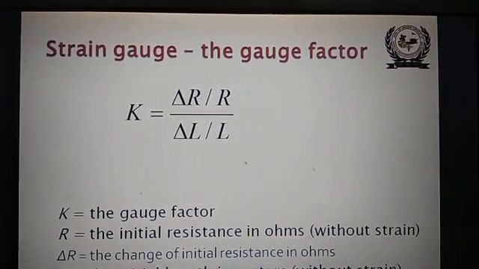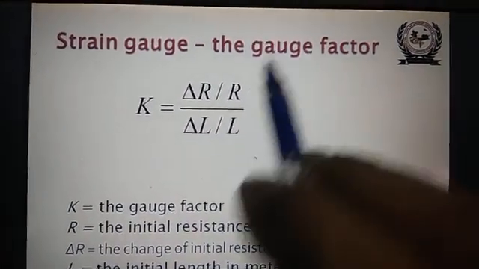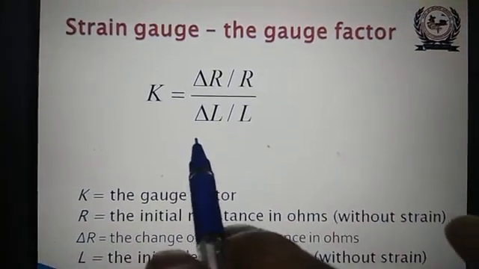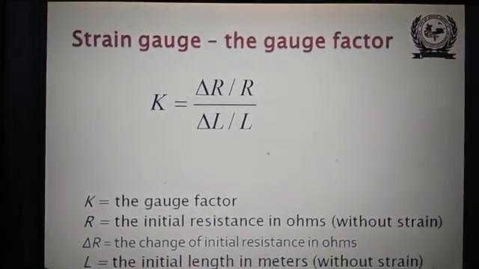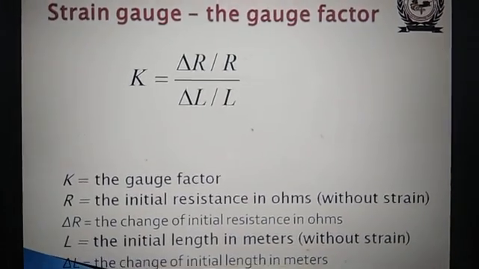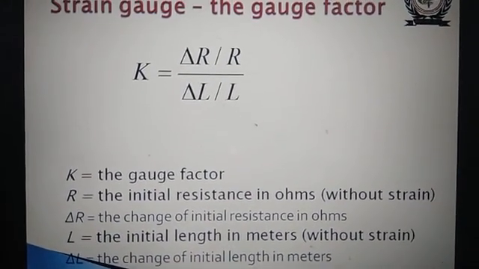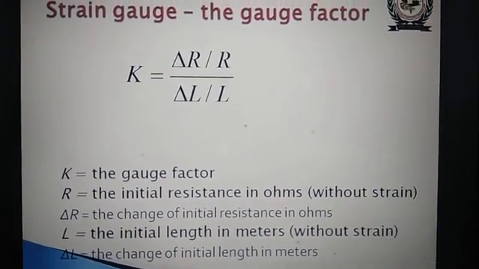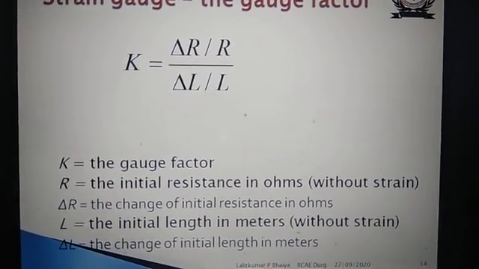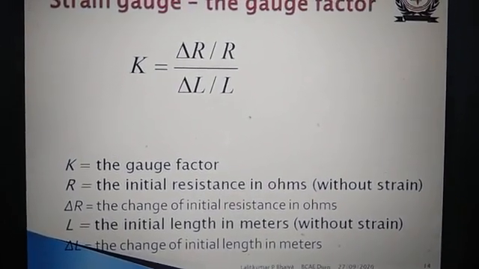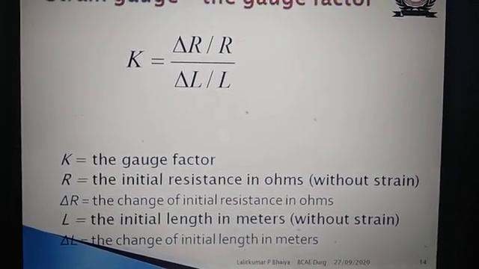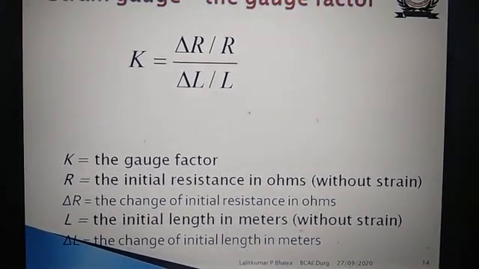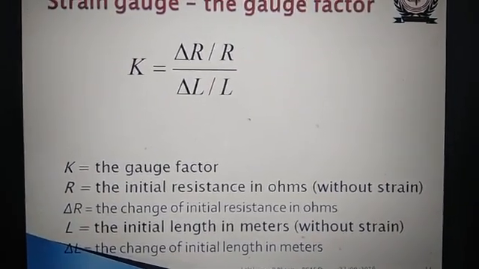And as resistance increases, we can write the gauge factor. K is equal to delta R upon R, upon delta L upon L. This is called the gauge factor. K is the gauge factor, where R is the initial resistance in ohms without strain, and delta R is the change in the initial resistance in ohms. L is the initial length in meters without strain, and delta L is the change in initial length in meters.